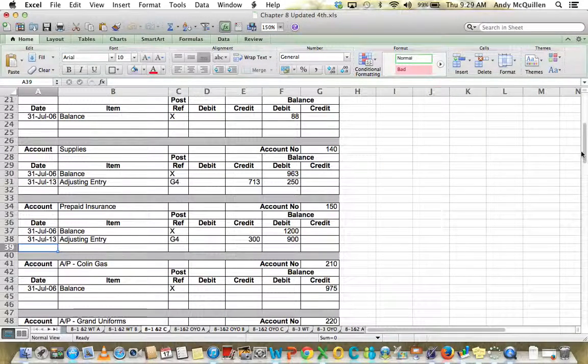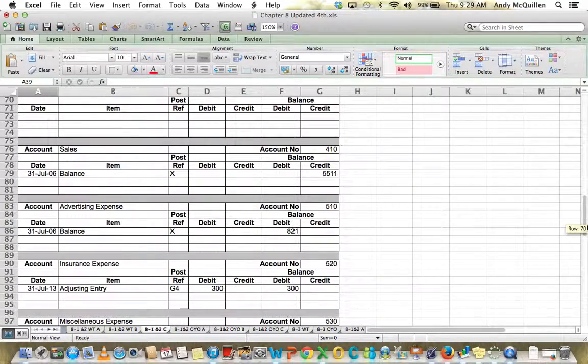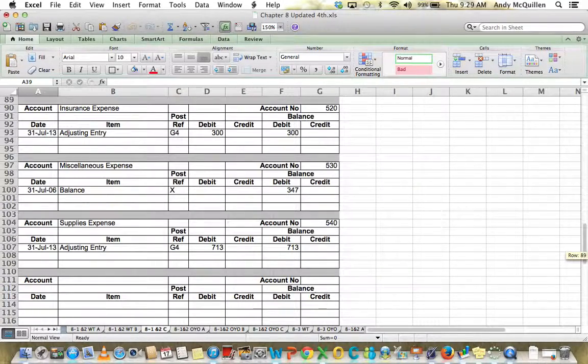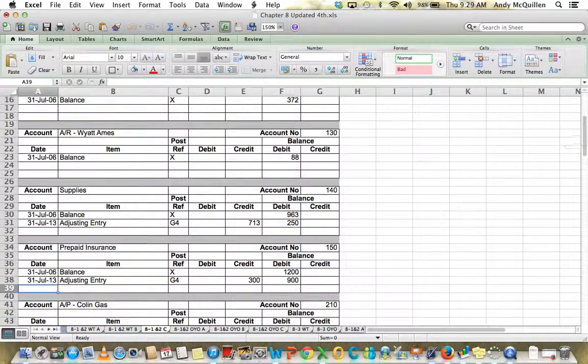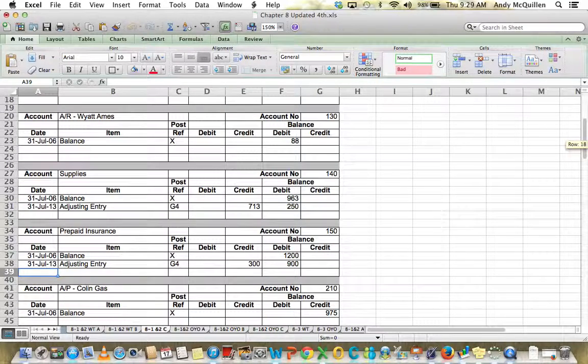So you would go down to supplies expense, which is down toward the bottom, type in adjusting entry, debit, and for supplies, do the same thing. Adjusting entry, credit, we now have a balance of $250.